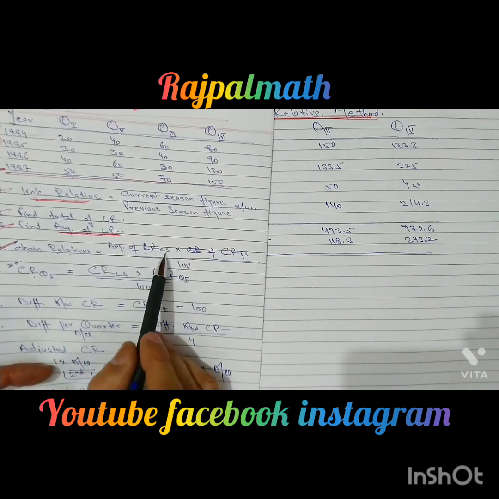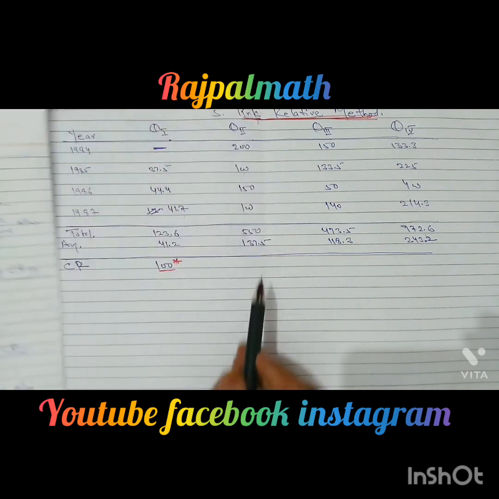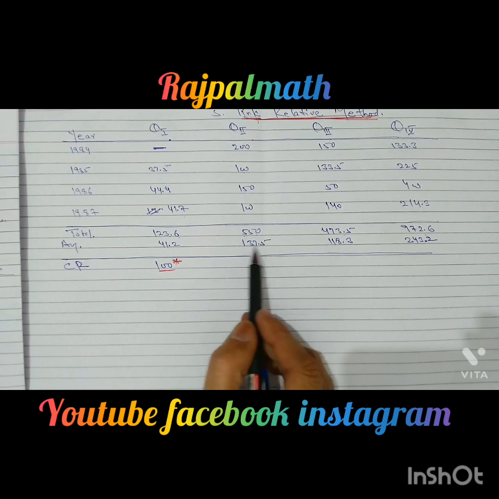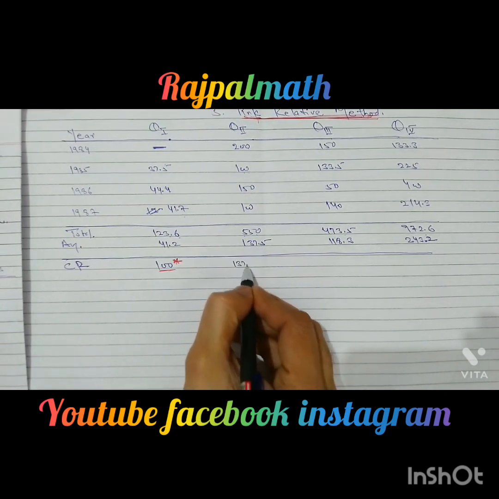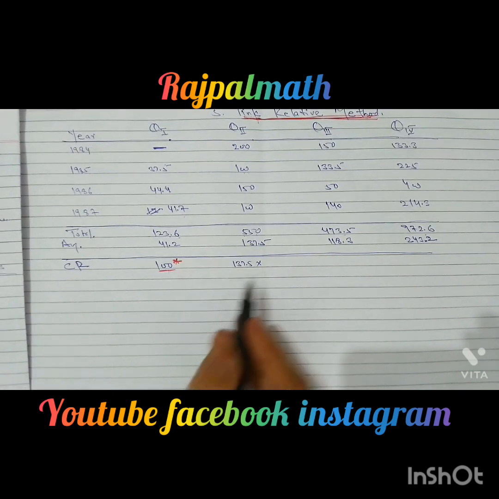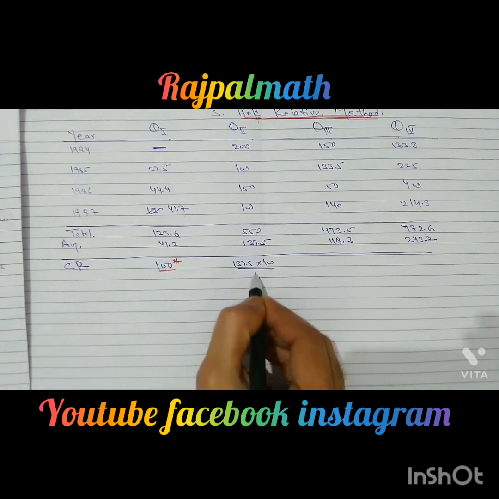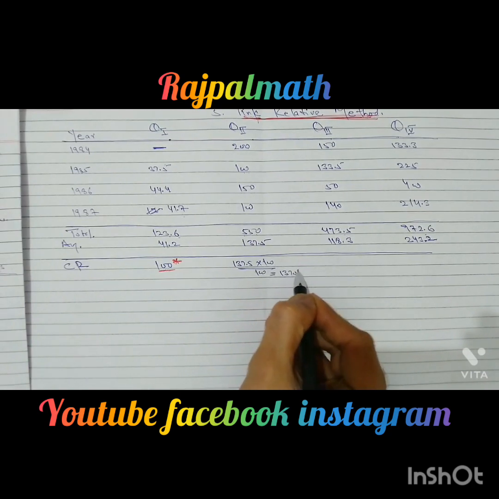Now the formula is average of current season LR. Current season LR average is 137.5. 137.5 into previous year CR 100 over 100 comes out to be 137.5.